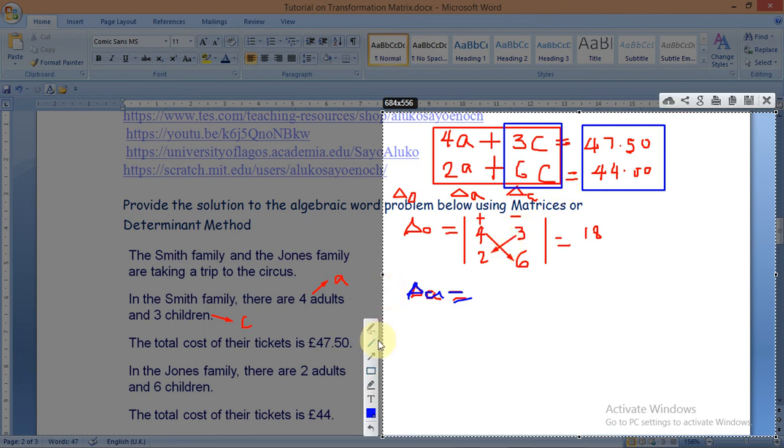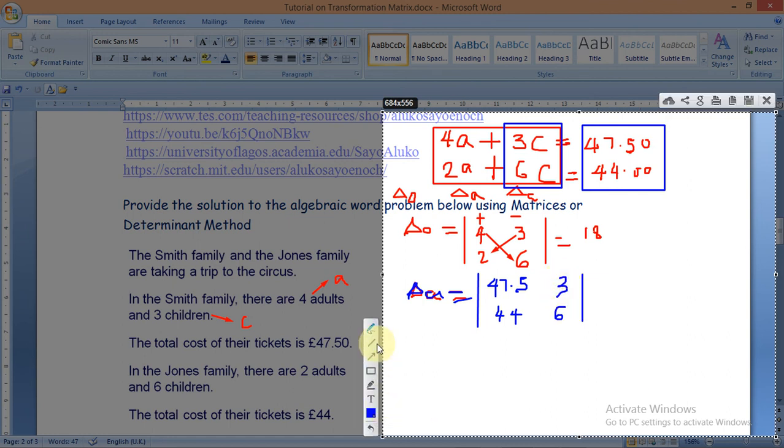So I'm going to find the determinant of that. It's 47.5. I can exclude the 0. 47.5, then 44. So you express this as a column matrix vector. Then, because this is delta A, you go with C, so 3, 6.